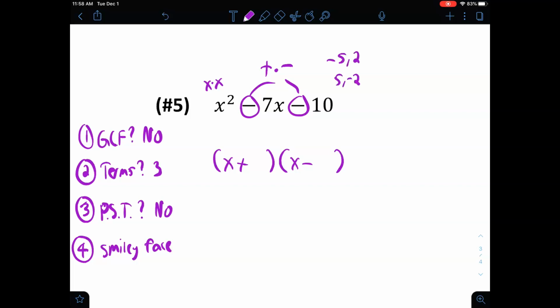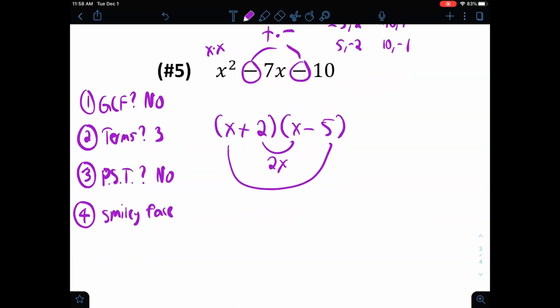So that's going to be negative 5 and 2, or 5 and negative 2, or negative 10 and 1, or 10 and negative 1. But for this one, when you plug it all in, none of these combinations of factors are going to work. So I'm just going to try, for example, 2 and negative 5. If we do that, we're going to get 2x and negative 5x.